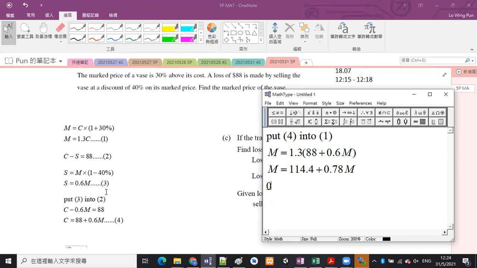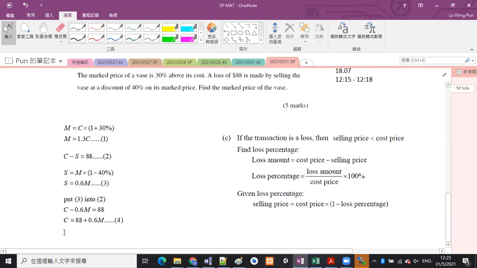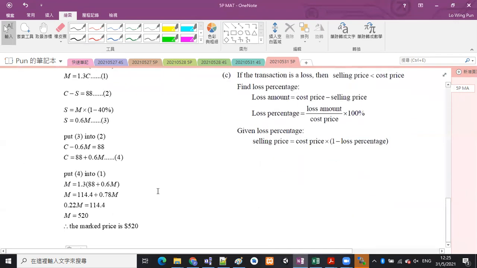We got 0.22 M is equal to 114.4. And dividing the 0.22 to the right-hand side, it becomes 520. Therefore, the mark price is $520. And that is what we want to find. It's okay?